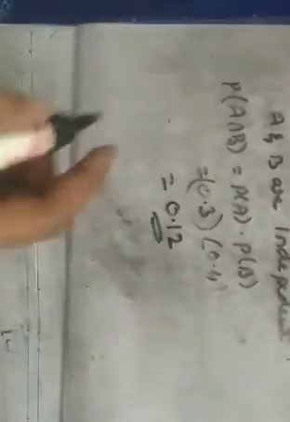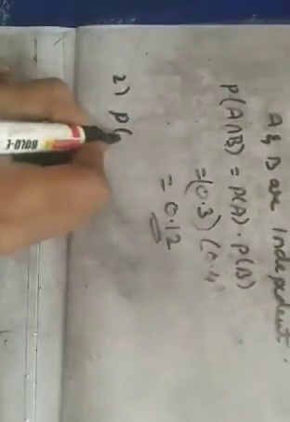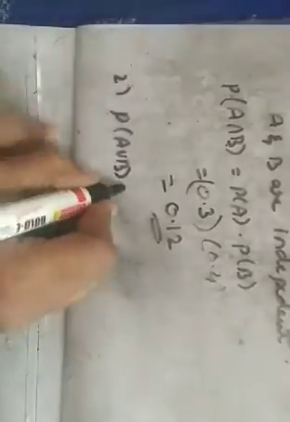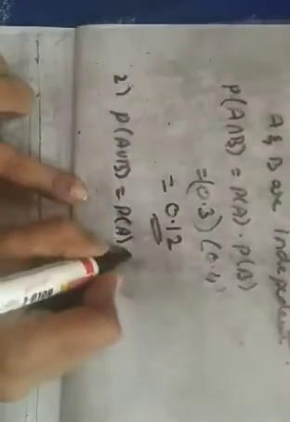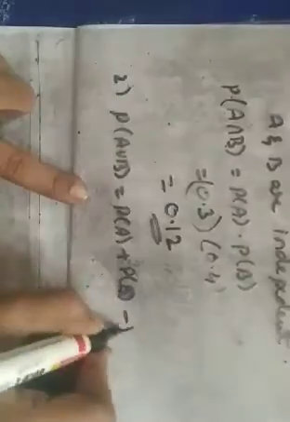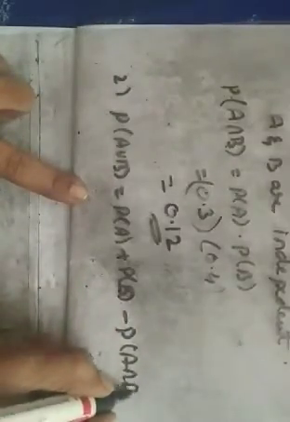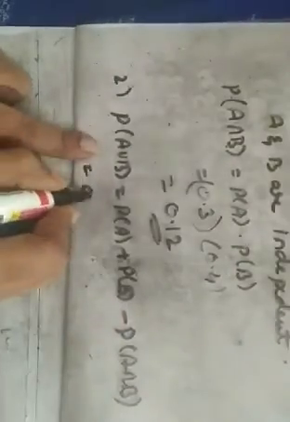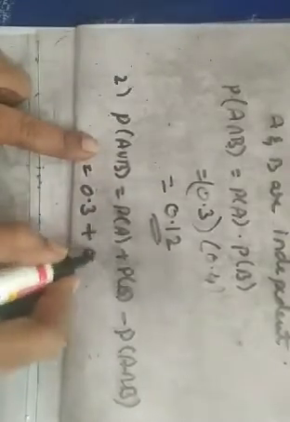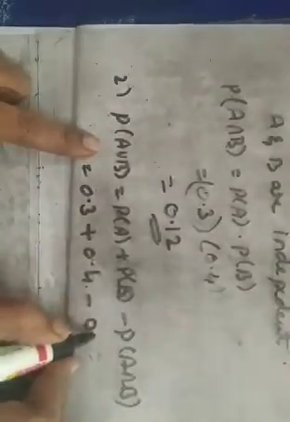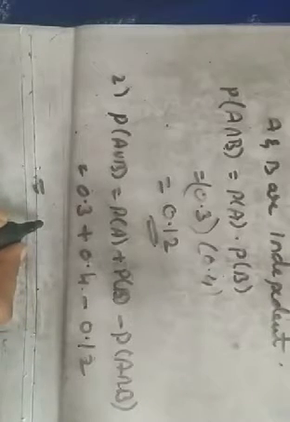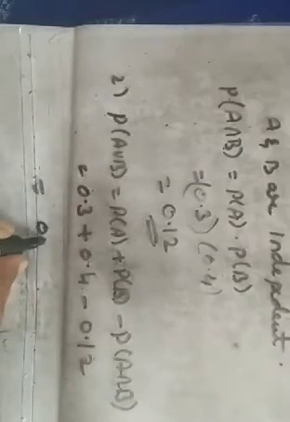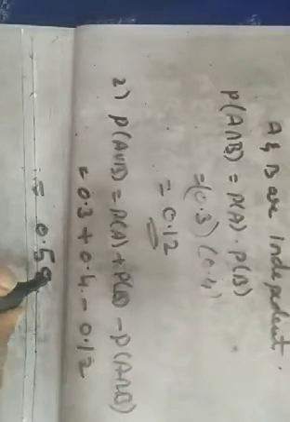Next, the second one, P of A union B is equal to P of A plus P of B minus P of A intersection B. P of A is 0.3 plus 0.4 minus 0.12, which is equal to 0.58.